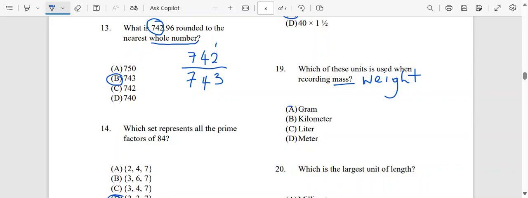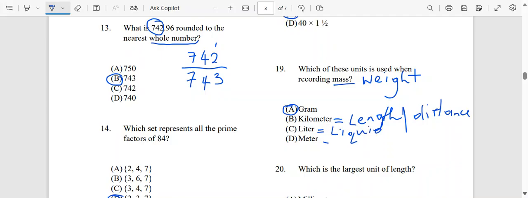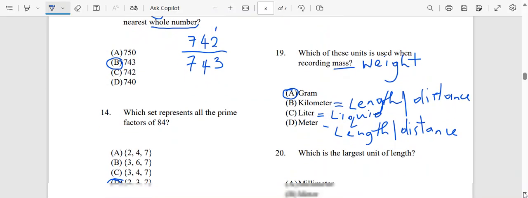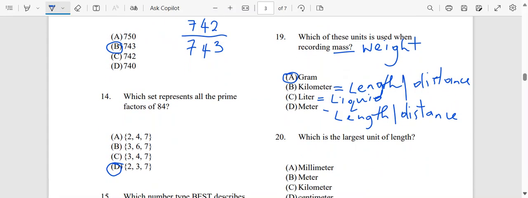We use grams, because kilometer is for measuring length or distance, and liter is for liquid measure, and meter is for length measure, or distance. So gram is the only one which we use to measure mass. And another word that we use for mass is weight.